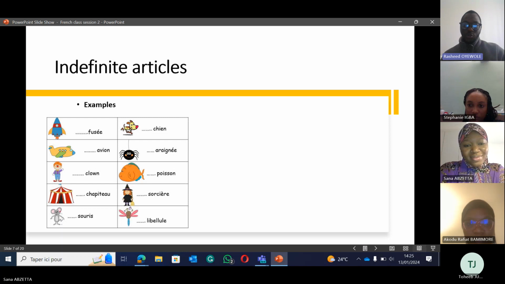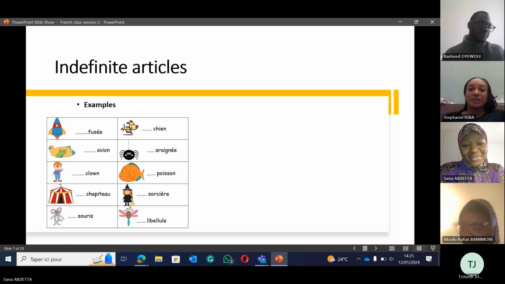Une araignée. Good. Perfect. Yes, Rafiat? Une araignée.